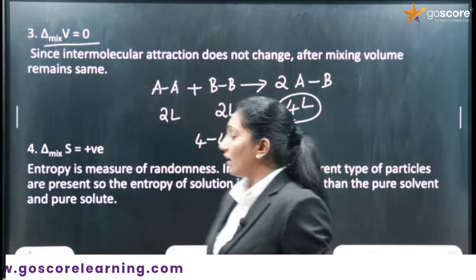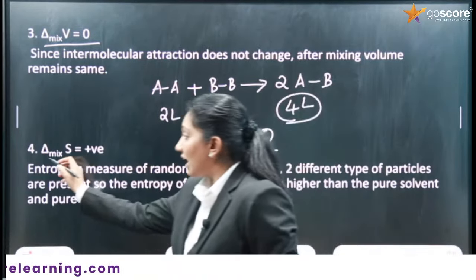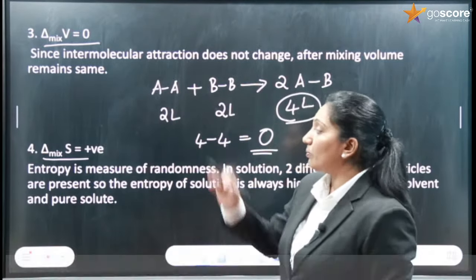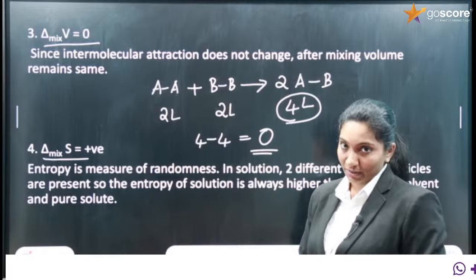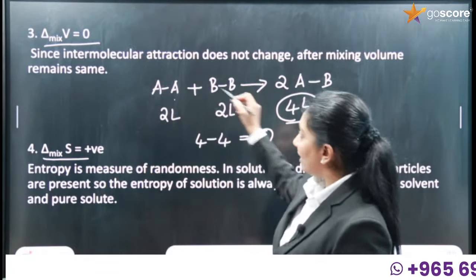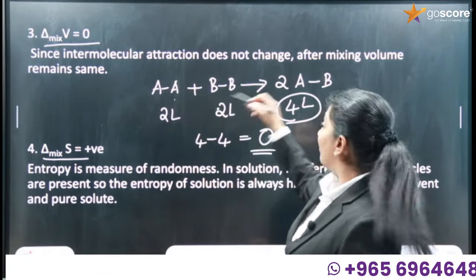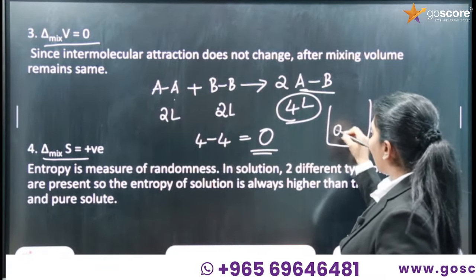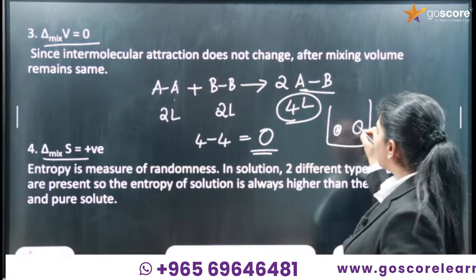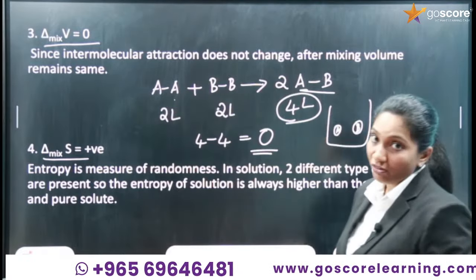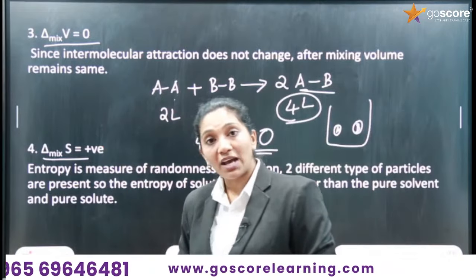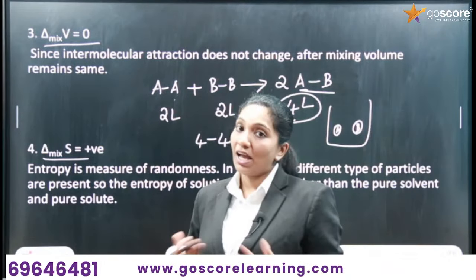And the last thermodynamic condition is delta S mixing. That is the entropy. Okay, entropy is the measure of randomness. Here we are taking A, here we are taking the solute B. When you mix this together, in that particular solution, A and B will be there. So definitely there will be a measure of randomness. So this measure of randomness value will be a positive value, right?